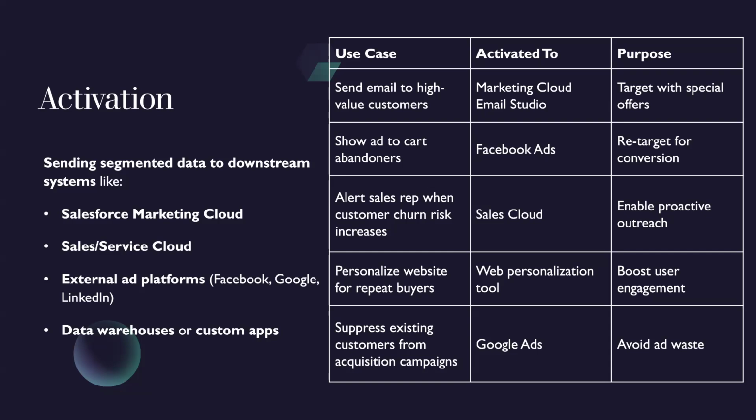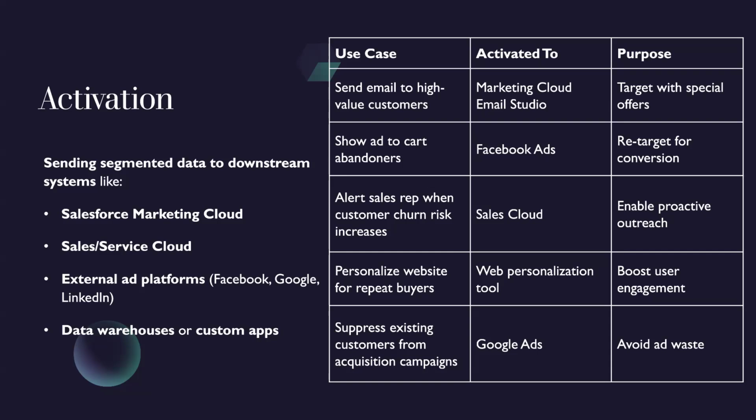For example, to your high value customers, you can send some special offers, so you can do the email marketing from Marketing Cloud. Let's say a customer has already made a purchase of your product, so you don't want to show them the ads again. You can send the segments to Google Ads and avoid ad waste.